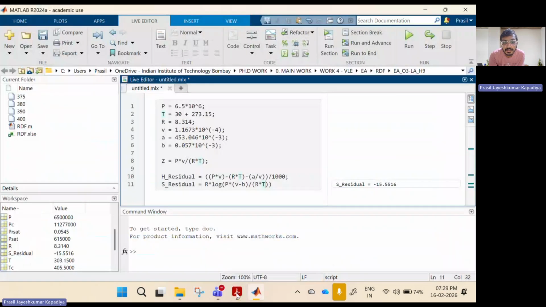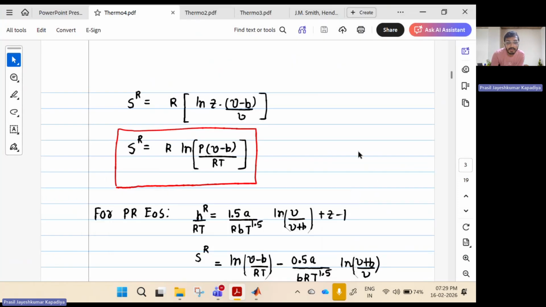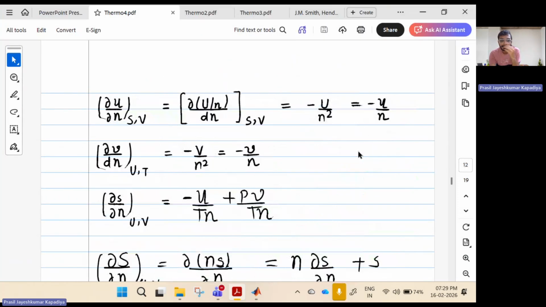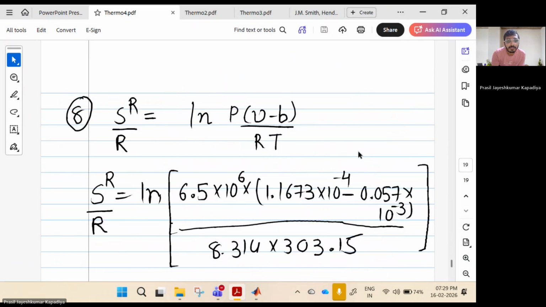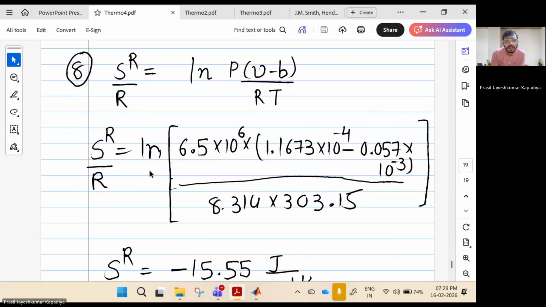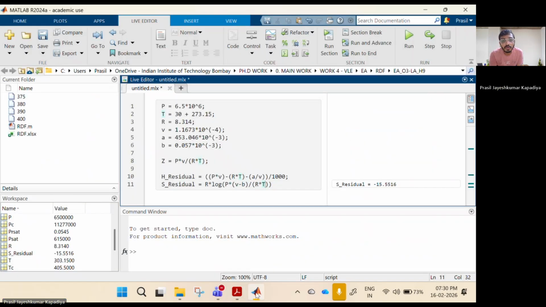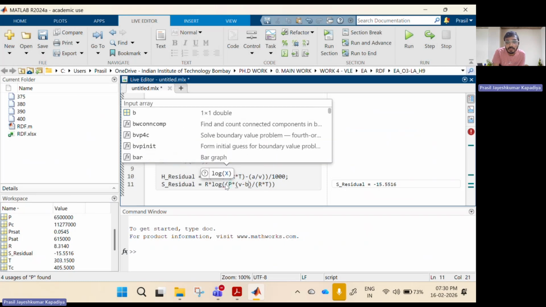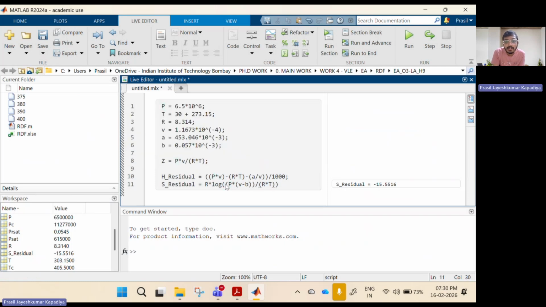P into V minus B divided by R into T. Yeah, I guess we have made some mistake. P into V minus B, this numerator, divided by R into T, sorry.